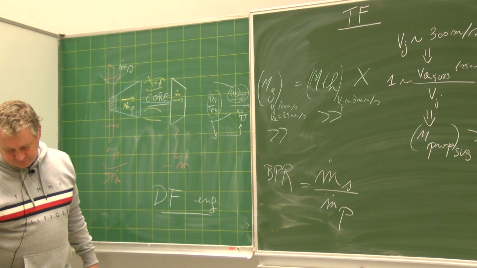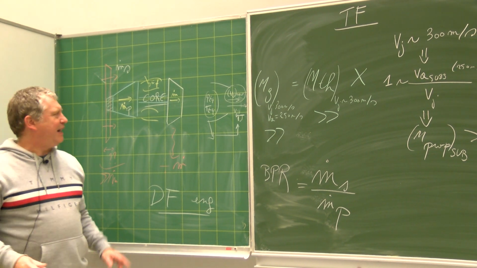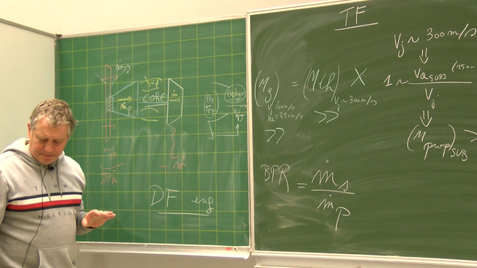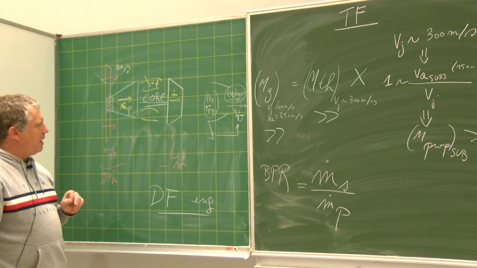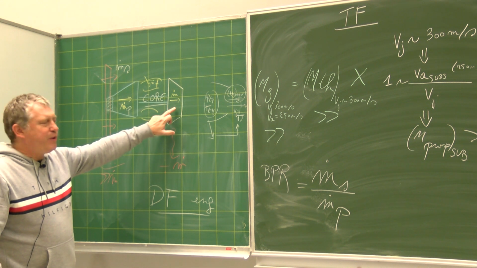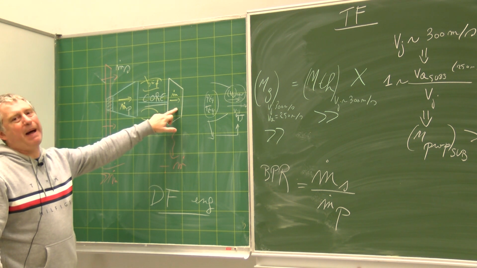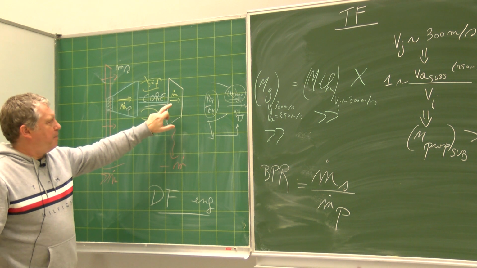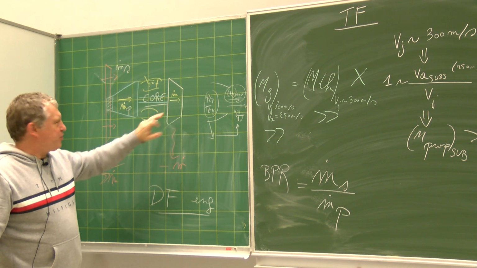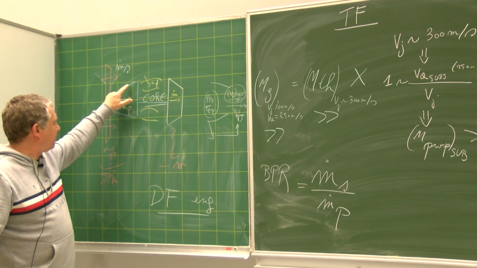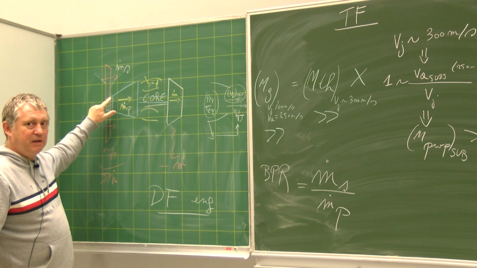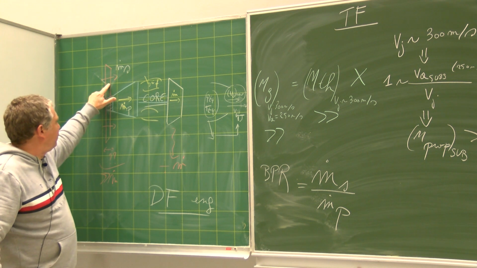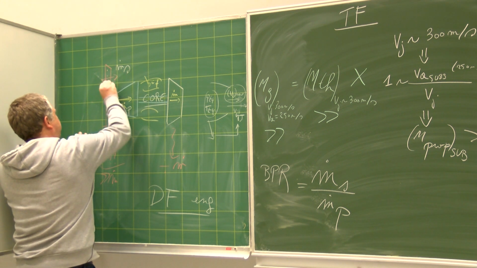But the situation is not as simple as what we have represented here. Because I have created an unbalance. But the turbine here was driving only this part, including the small part here. This turbine is not able to drive this part here.